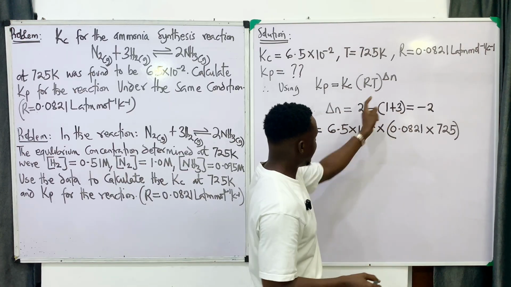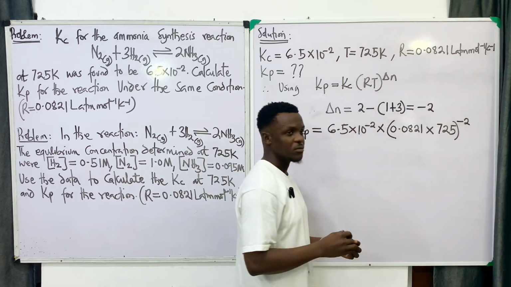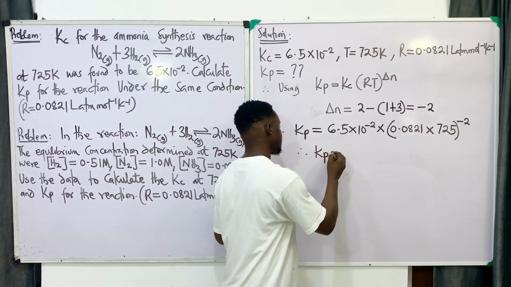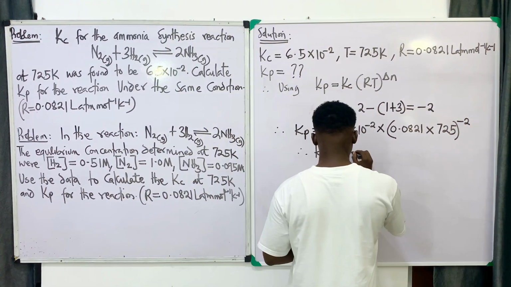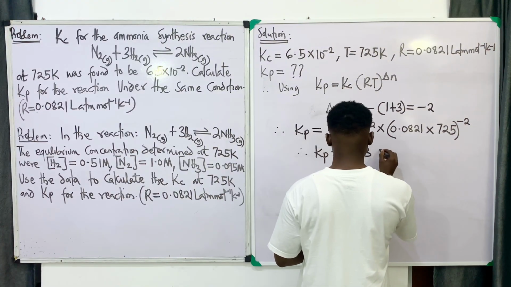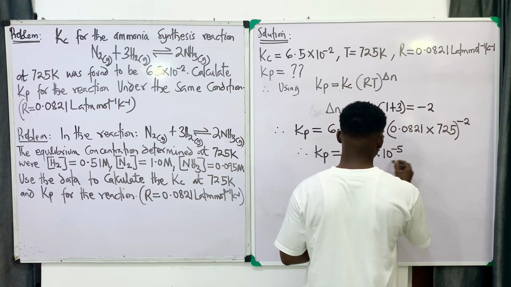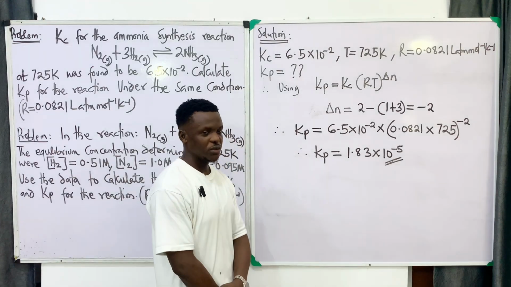Now our delta N is minus 2. So you now carry out your calculation, and this becomes 1.83 times 10 raised to the power of minus 5. So that is the answer to that first question.